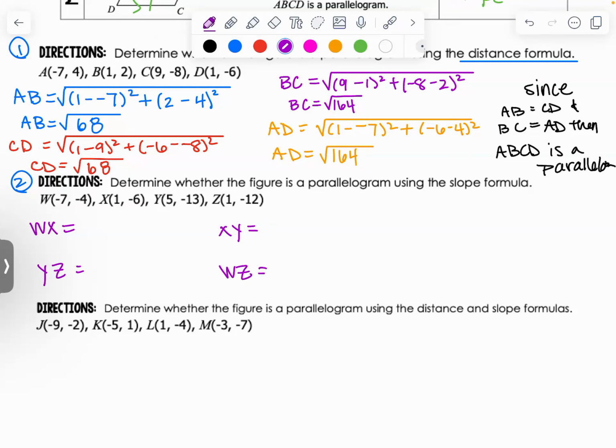Find me those slopes. -2/8, 2/-8, they both reduce to -1/4. It doesn't matter where the negative is, okay? Means the same thing.